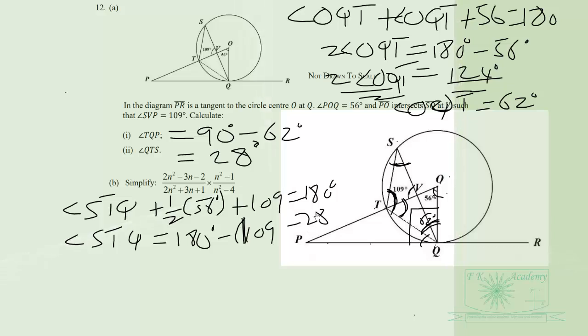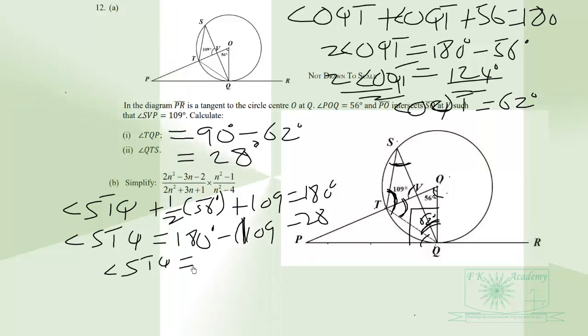So that should give us 180 minus 109 minus 28, which should give us 43 degrees. So angle STQ is equal to 43 degrees. So this small angle here is 43 degrees.